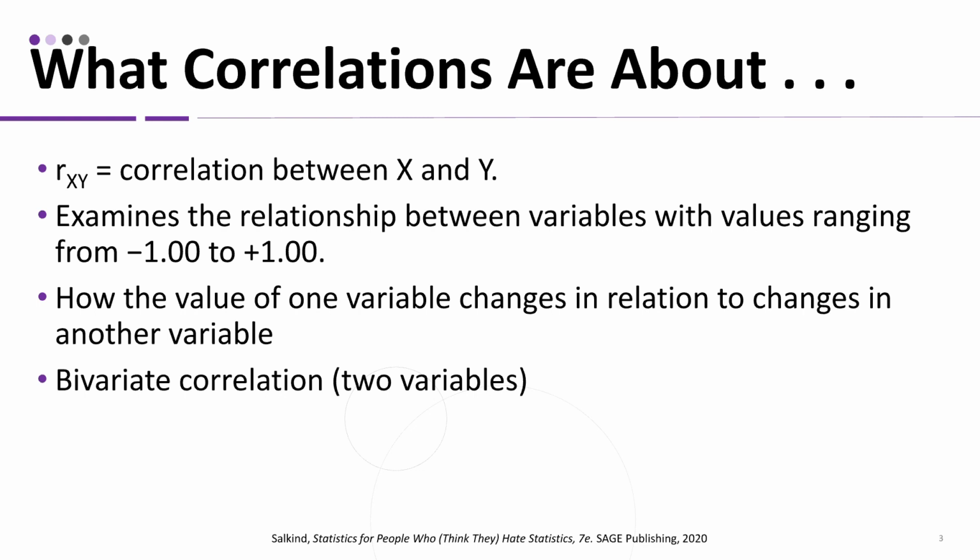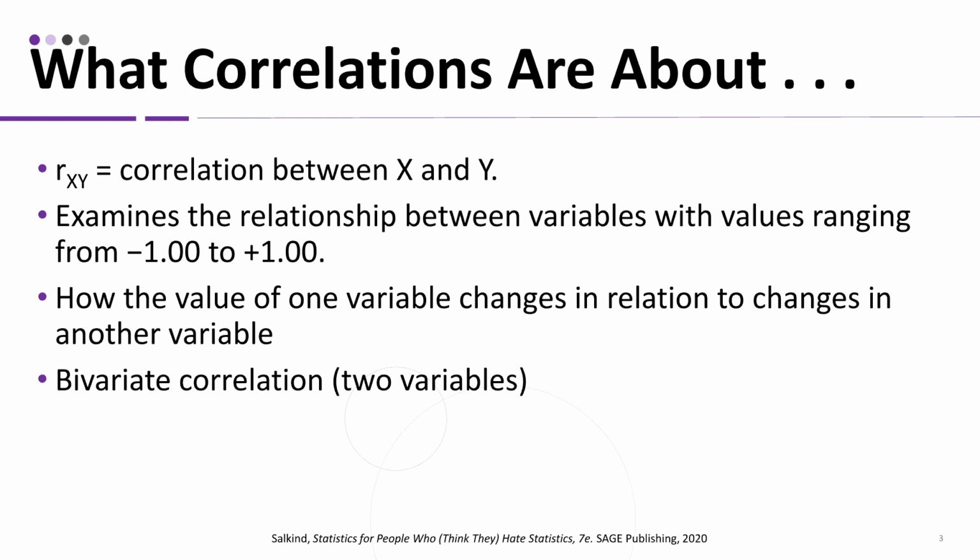A negative value is going to represent a negative or indirect relationship, correlation. A positive number is going to be a positive or direct one. The closer the value is to 1, the stronger the relationship between those two variables. So we're measuring how the value of one variable changes in relation to changes of the other variable.